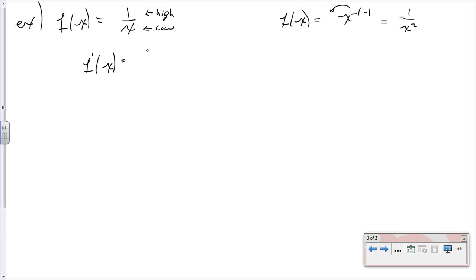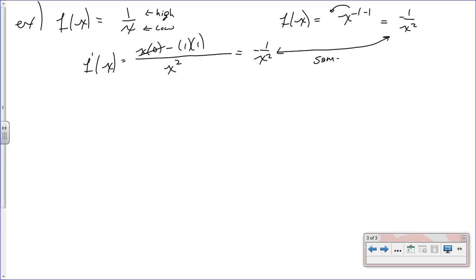So it's low d high, so x times the derivative of 1, which is just 0, minus high, which is 1, times the derivative of the bottom, which is 1, divided by the bottom squared, so over x squared. So this cancels out. 1 times 1 is 1, so it gives us negative 1 over x squared. And as you can see, they both gave us the same answer.